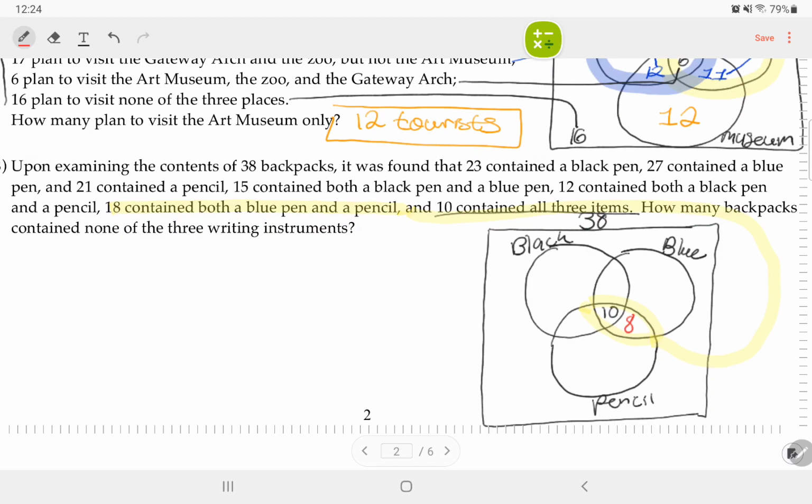But if you contain all three items, you still have a blue pen and a pencil. Therefore, when I say 18 backpacks contain both a blue pen and a pencil, it is including the 10 that has all three, because out of all three, we still have a blue pen and a pencil. And then also the 8 that I put in red, that will have a blue pen and a pencil, except they don't have a black pen.